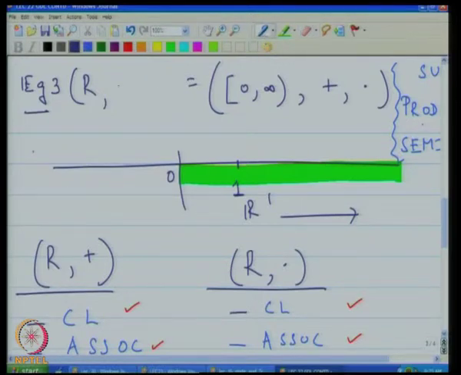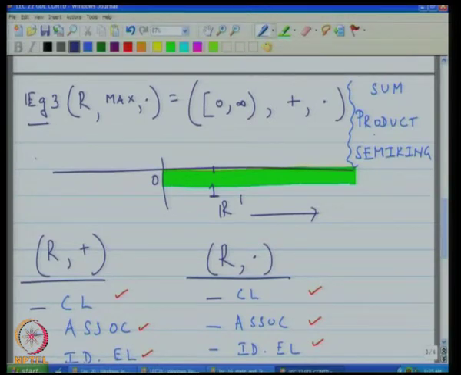Here the two operations are max and product, just like we had sum and product. So, this is max and product, and again in this case the range is going to be 0 to infinity, and again for the same reason, because the quantities that we are evaluating are going to be scaled probabilities.